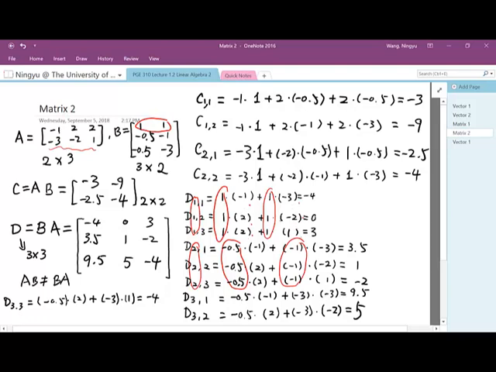So this is how we do matrix multiplication. We multiply one row with one column to get one number, fill in that position, we go to the next row and next column and do this, something like a dot product, get another number, fill it in.